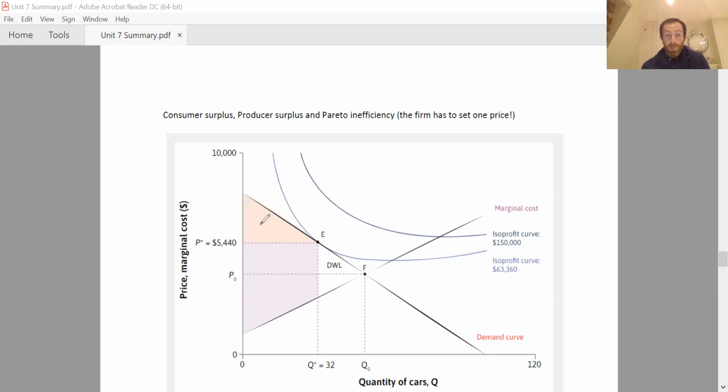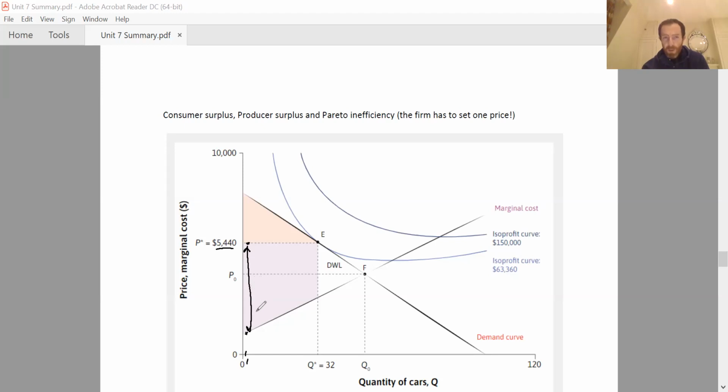Now, producer surplus is a really similar idea. Here we look at the difference between the price that the firm receives and how much it costs them to produce that extra unit of output. So think about that first car. That first car cost this much to produce, but they sell it at $5,440, a much higher amount. And that gap represents what feels like a big extra profit to the firm.